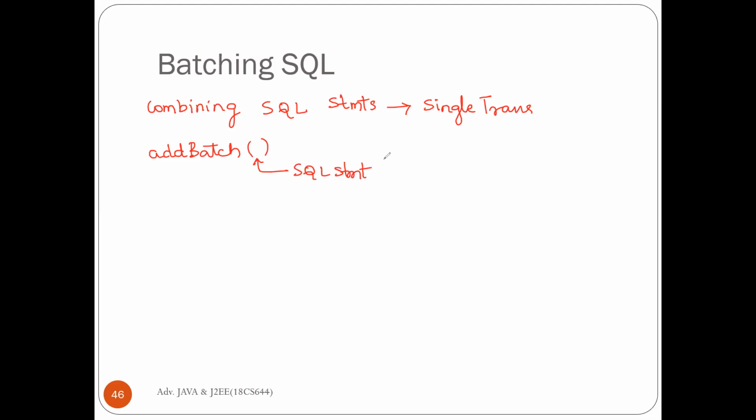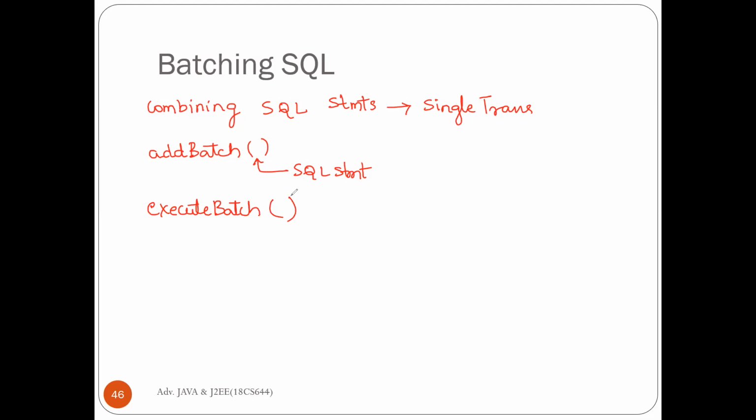Once all the SQL statements that comprise a transaction are included in a batch, we can execute all of them using the method executeBatch. The executeBatch method executes all the SQL statements currently present in this batch.